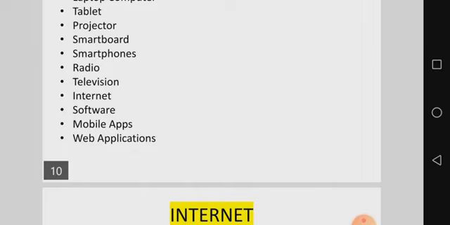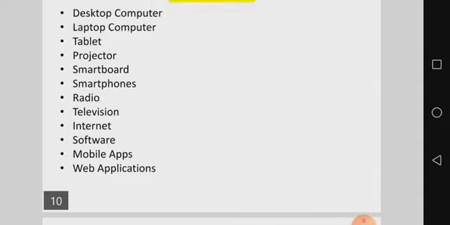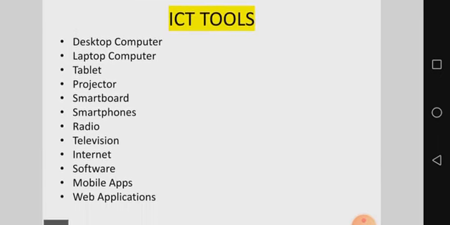Web applications are applications that run on the internet, and these can also be used as ICT tools. Any application, for example w3.org, w3c.org, Wikipedia, can be used for learning and studying. Khan Academy is a web application. So these are all ICT tools.